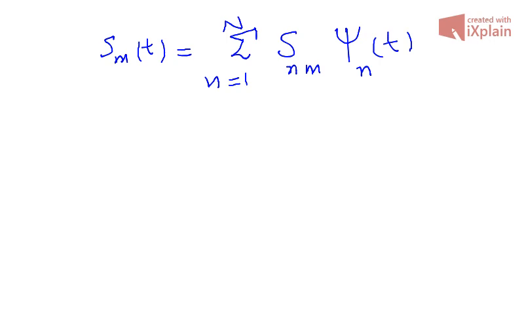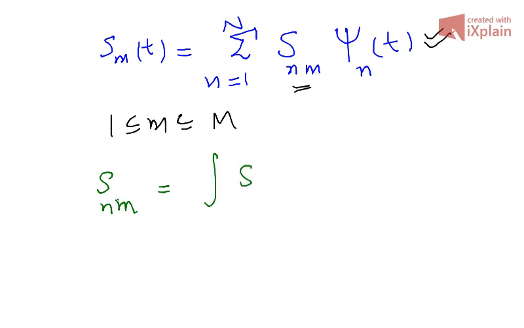This is true for all values of m. So S1 of t, S2 of t, any of them can be represented as a linear combination of these orthonormal signals. And how can you find this scalar? We just discussed it above. We can find this scalar Snm, the image of the mth signal over the nth basis function, by finding the projection of Sm of t onto psi n of t.